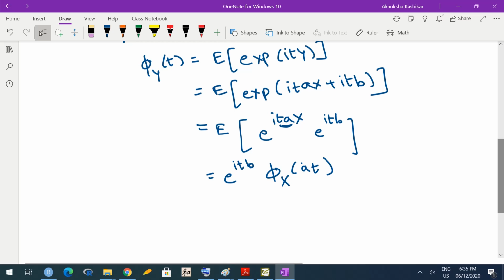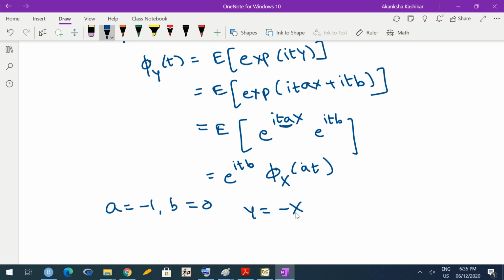So knowing the characteristic function of X, we can directly compute the characteristic function of Y. Now, what happens if I take a equal to -1 and b equal to 0? So Y becomes -X. So phi of -X(t) would be, because b is 0, this first term won't contribute, phi X at -t.